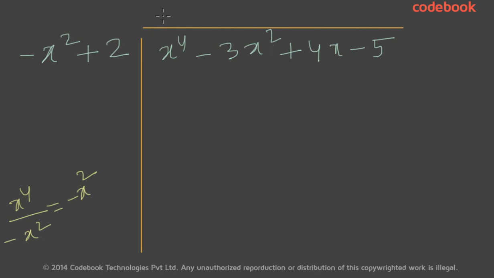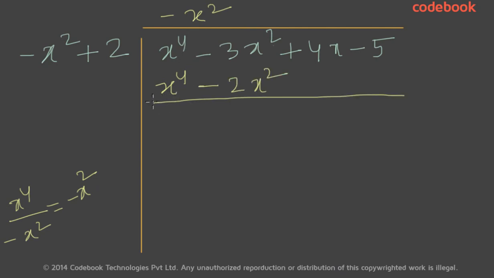So the first term of the quotient is minus x square, right? Now let's multiply minus x square with each and every term of the divisor. Minus x square times minus x square is x power 4, and minus x square times 2 is minus 2x square. Now you have to subtract these two polynomials.